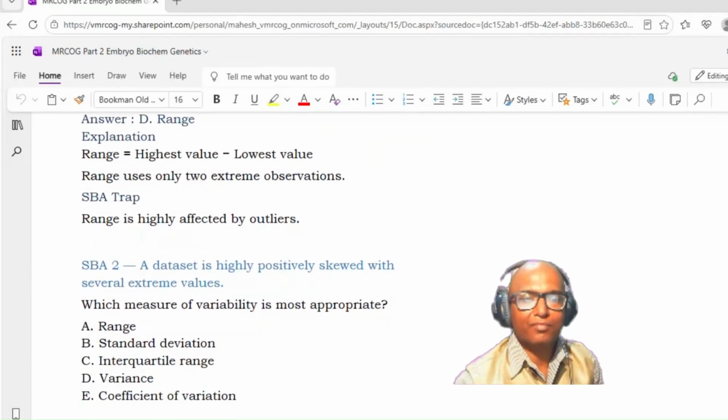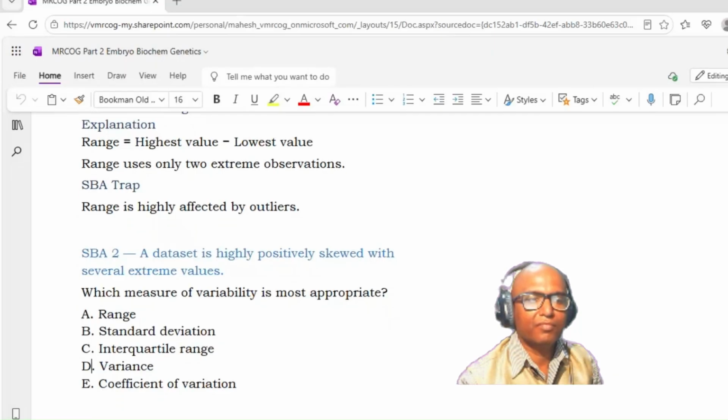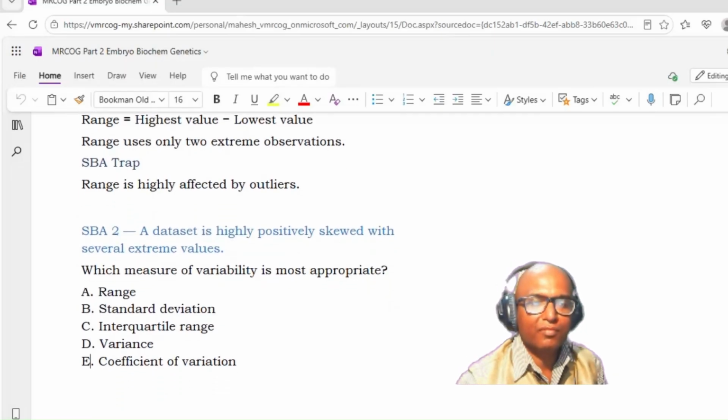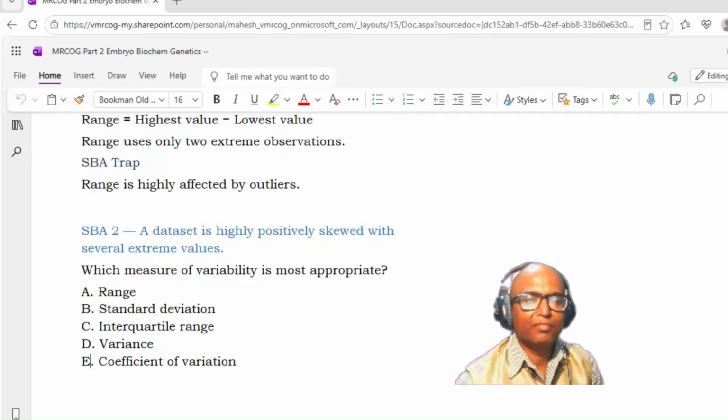A data set is highly positively skewed with several extreme values. Which measure of variability is most appropriate? Range, standard deviation, interquartile range, variance, coefficient of variation. So coefficient of variation? Your data set is skewed. There itself they have given the clue to you. When you have got a skewed data set, what do you calculate?